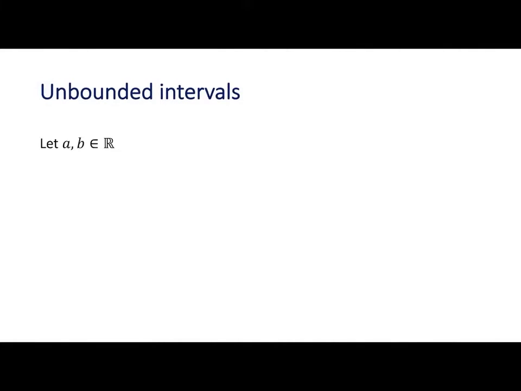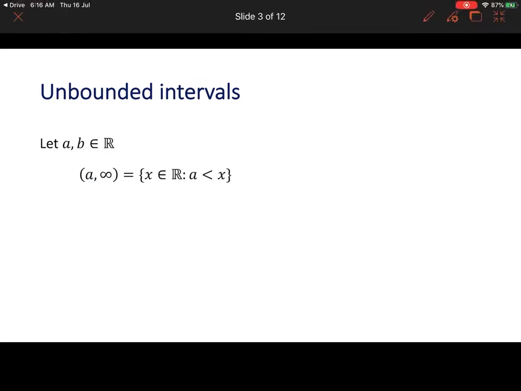Now let's check what are the unbounded intervals. So I am taking a and b as real numbers. I am defining the open interval (a, infinity) as the set of all x element of R such that a less than x. So here is the real line. We have an a here.